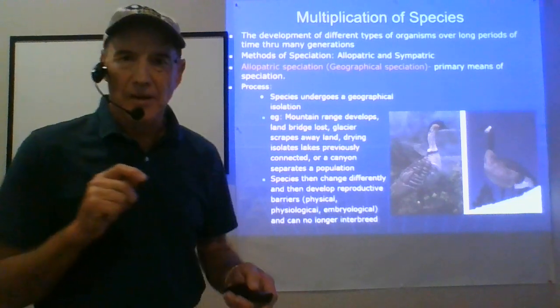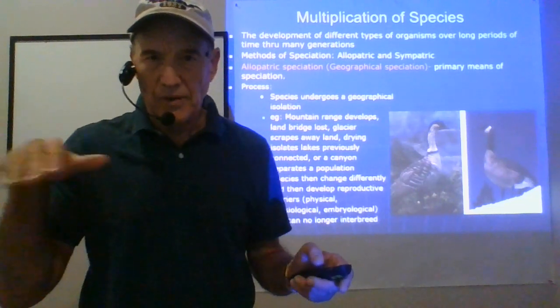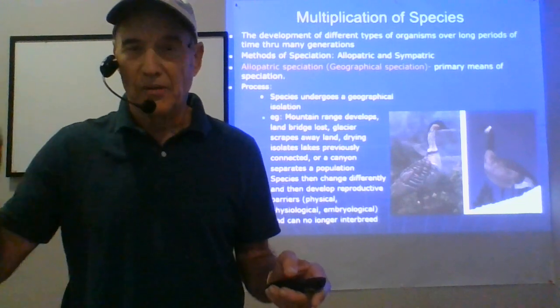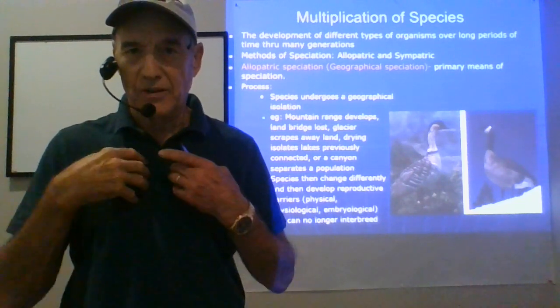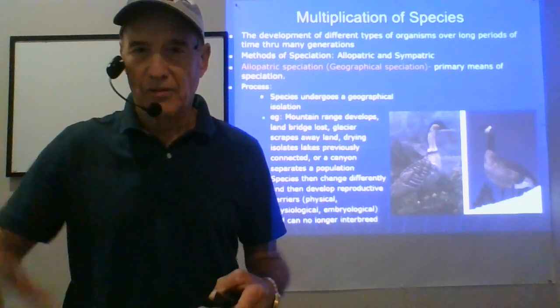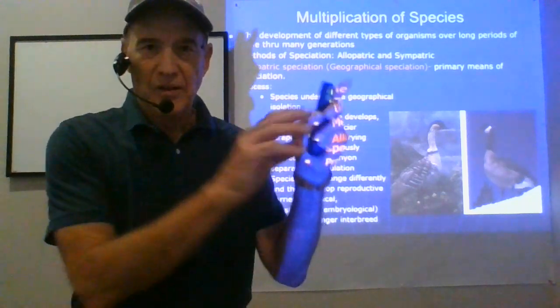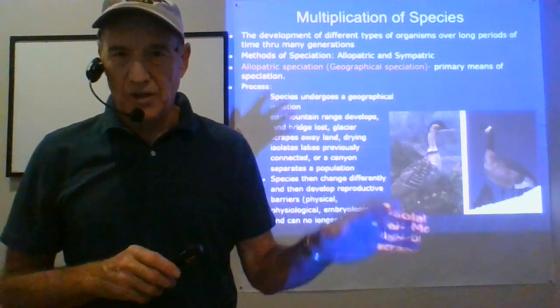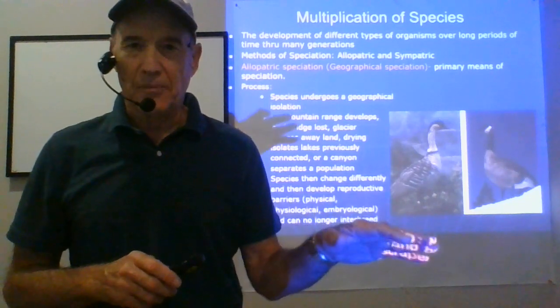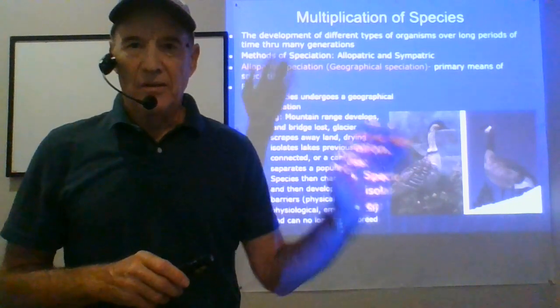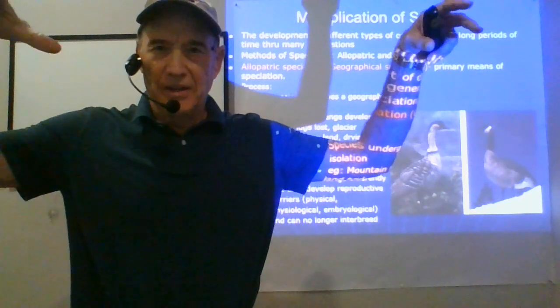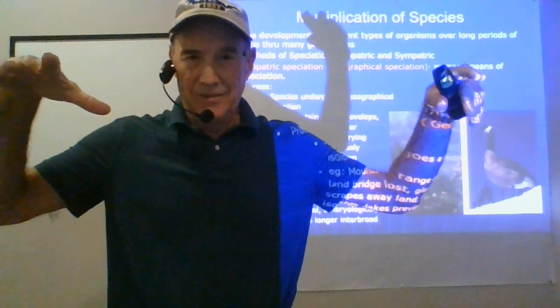Then, over time, the species over here in the treed environment evolved and adapted to that tree environment. Their features adapted through generations to the treed environment. And then these over here, their features through generations adapted to a non-treed environment. So they evolved differently, and over time they changed.